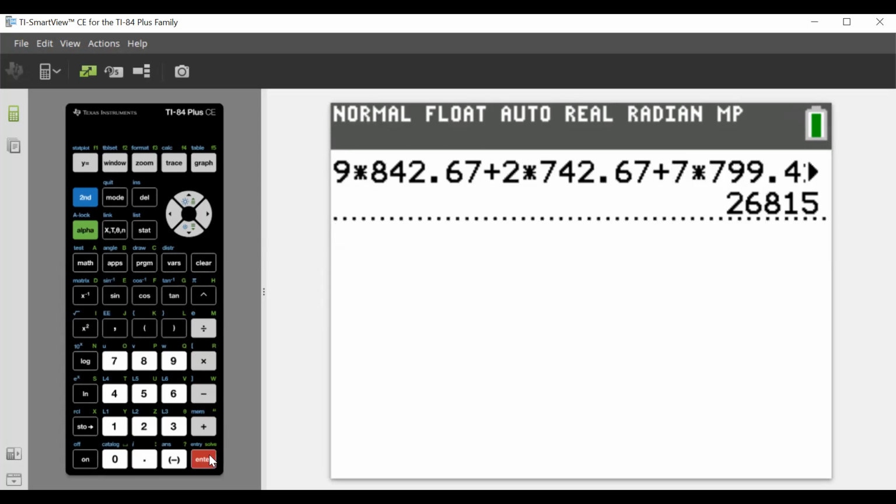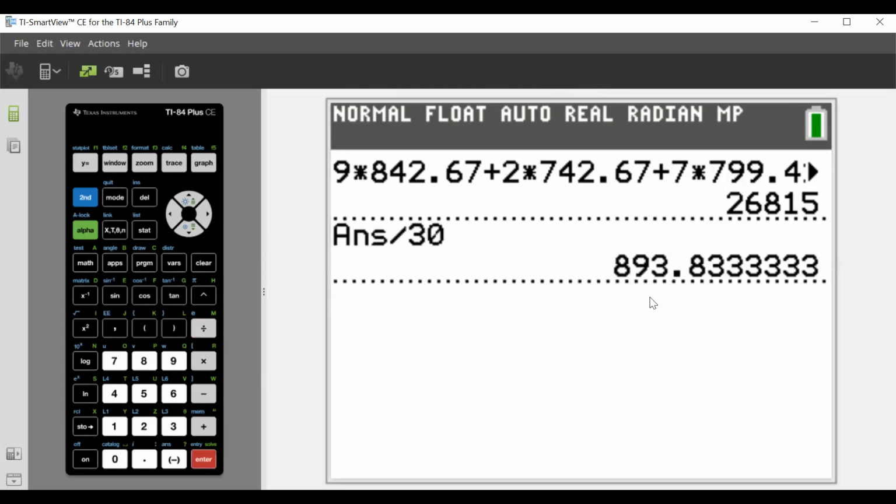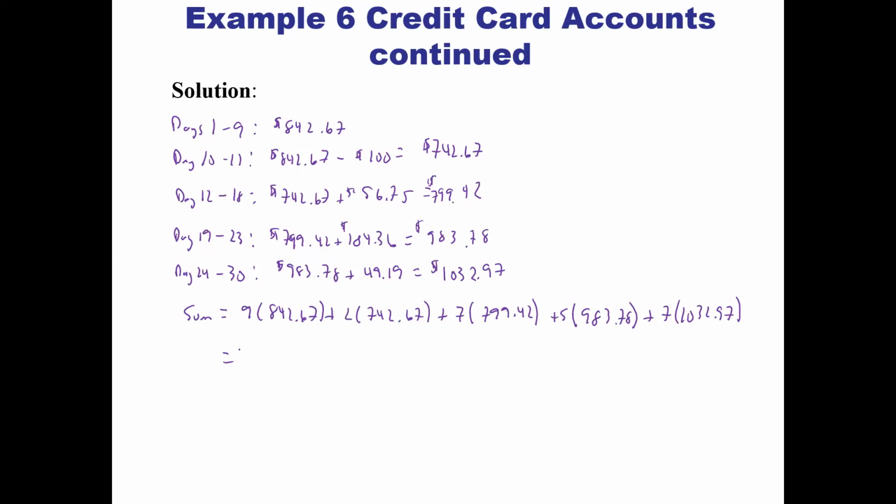And so it looks like 26,815. Then we have to divide that by 30, because that was the number of days in the billing cycle. So the average was 26,815 divided by 30, which was $893.83.